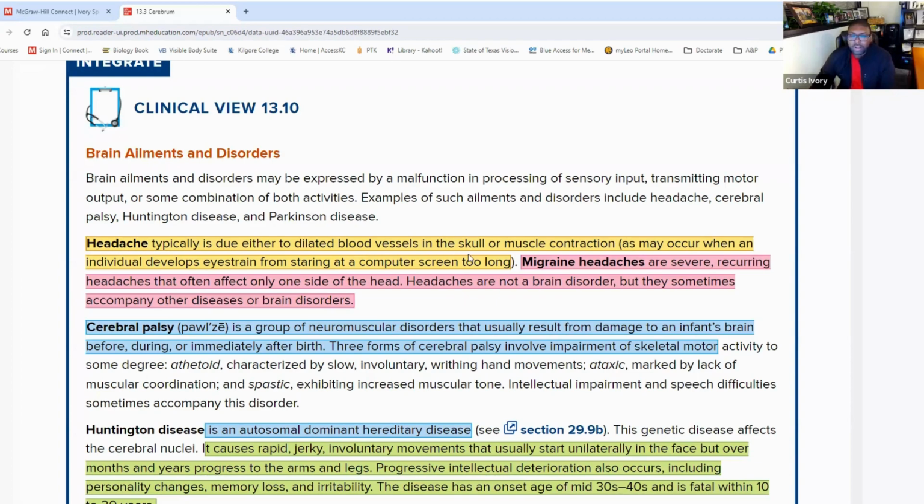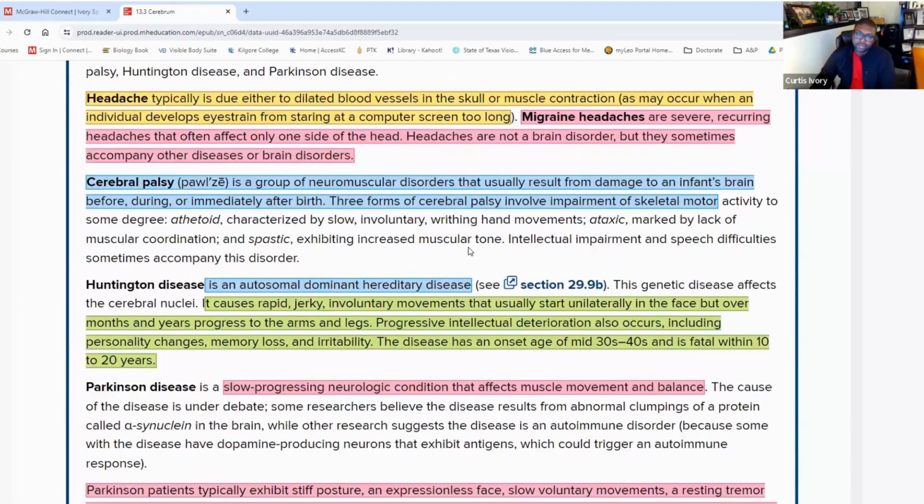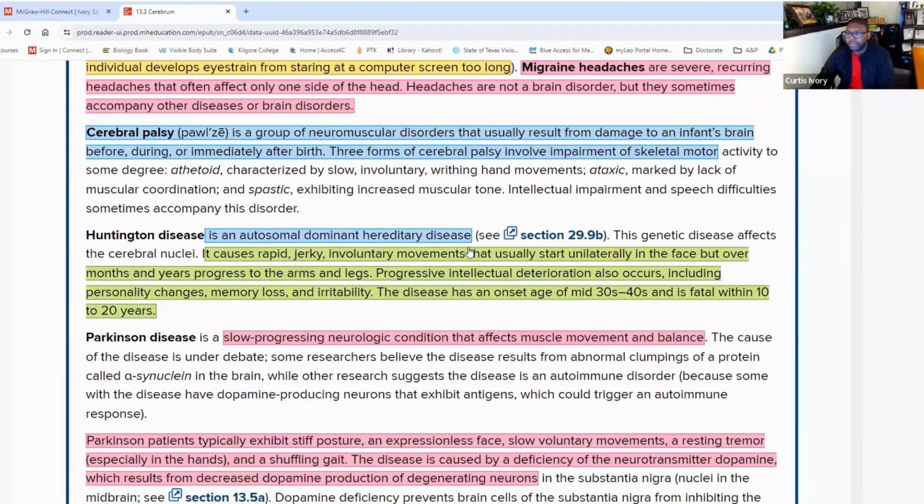You can also have what's called Huntington disease, which is hereditary. It almost looks like Parkinson's because there's a lot of rapid, jerky, involuntary movements. However, this one is hereditary, and this can also cause progressive intellectual deterioration.